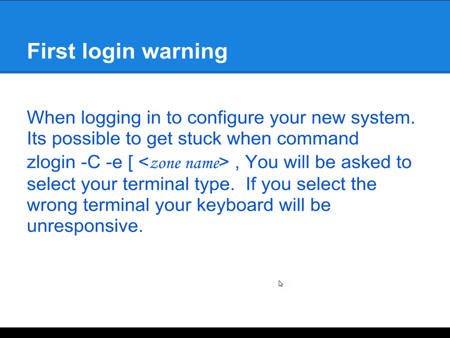Now I need to warn you, whenever you try to configure the zone for the first time, or make your selections for the operating system for the first time around, there's a chance that you could get locked into that session. When you go into the console for the first time, it's going to ask you to choose your terminal type. If you select the wrong terminal type, you could get stuck because your keyboard will be unresponsive at that point.